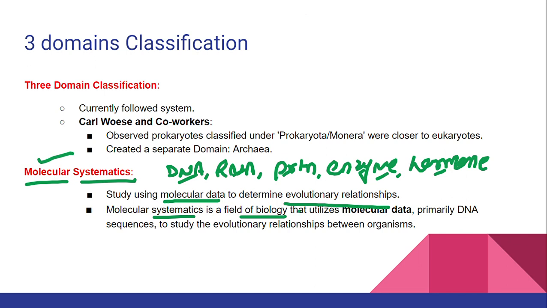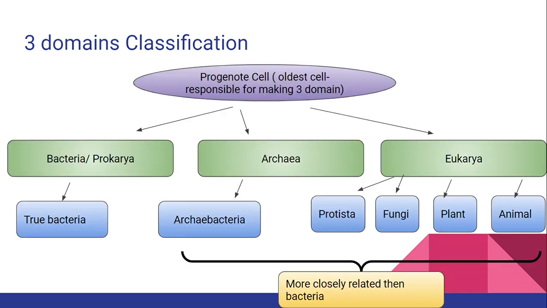So molecular systematics is nothing but the field of biology that uses molecular data, primarily your DNA sequence, to study the evolutionary relationship among the organisms. So if DNA shows little similarity, then only that particular mRNA will be there, and then only that particular protein will be formed, which is only seen in the eukaryotes, right? I hope this is clear to you.